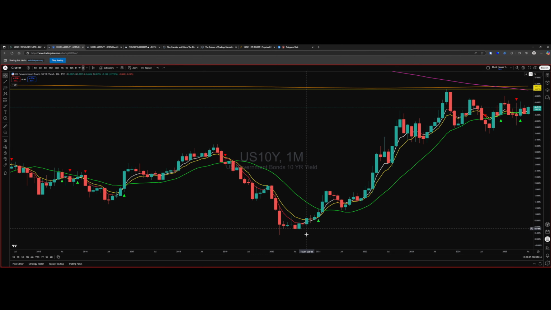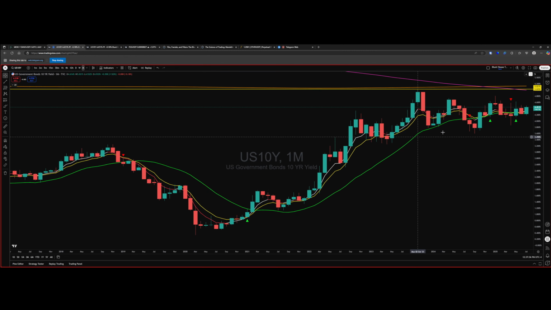So we made this big run up from next to nothing all the way up to 5 earlier in late 2023. And then we didn't break down. All we did on the monthly was come back to the 20 and get a continuation. A little bit of a break from it here, but we pop again. Again, not a breakdown, just sideways. But we're still trading above the T line, above the 5 EMA. All the metrics that we use on short time frames, we can use on the long ones.